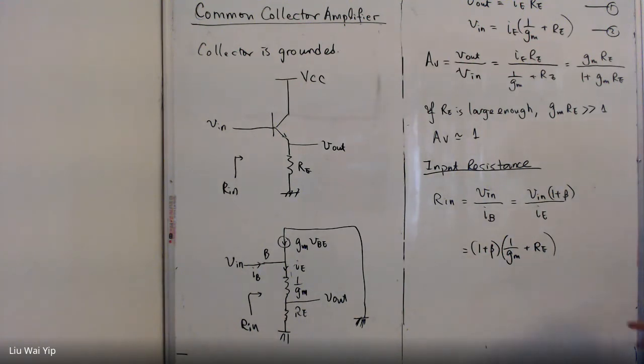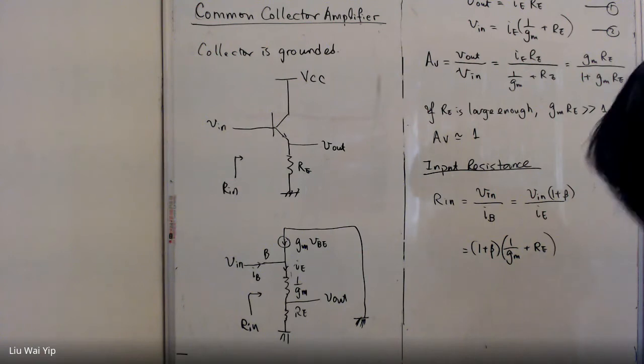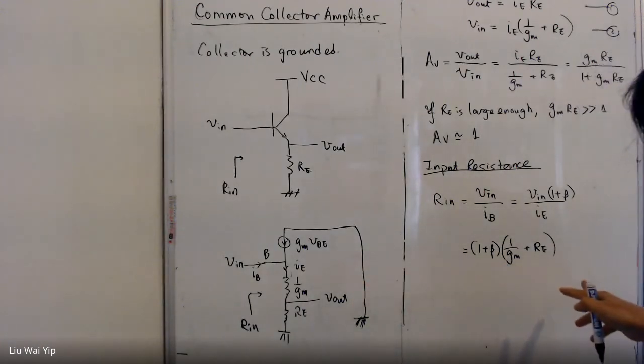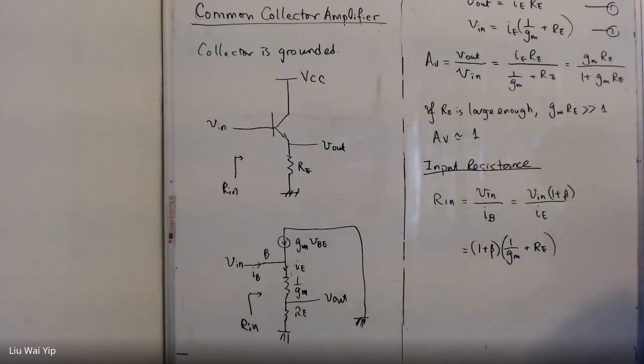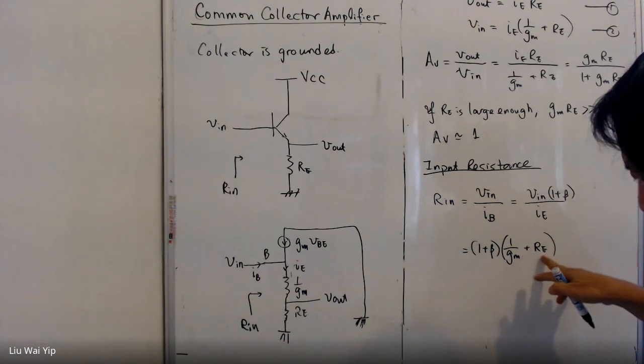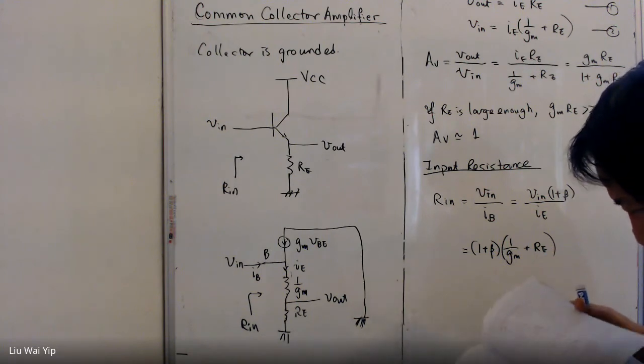And normally, in these circuits, we need to simplify it further in order to visualize the actual value to get the physical feeling. So you have gm here, and you multiply this by here. Let me see.